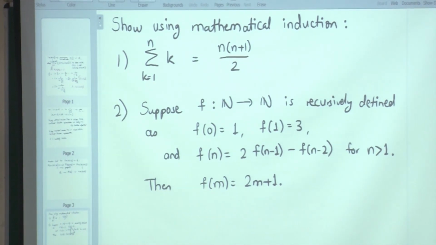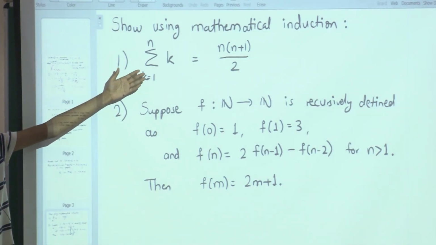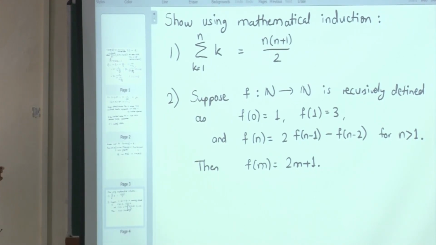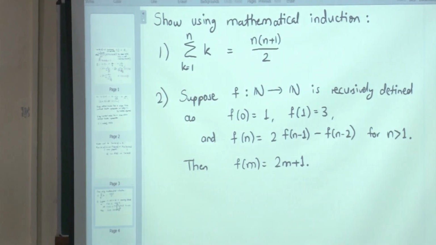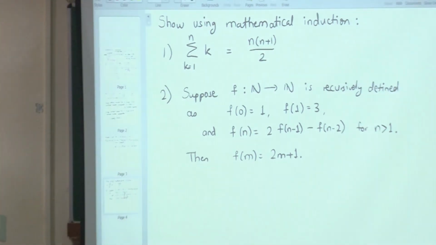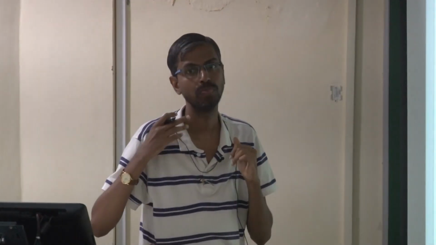The base case, which in this case is 1. And then there is the induction case: if you know the statement is true for m, then you prove it for m plus 1. And you just have to write it down properly. All of you know how to do this.